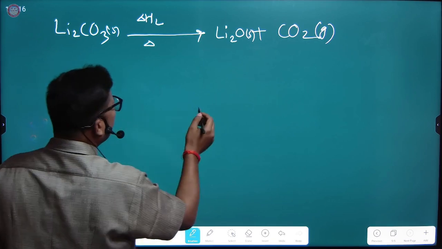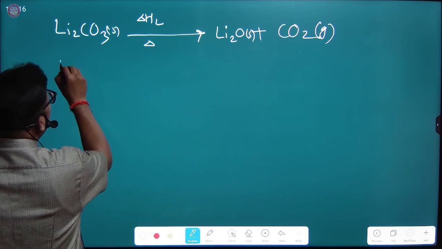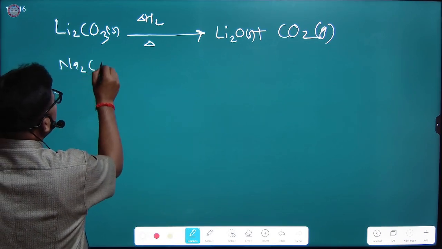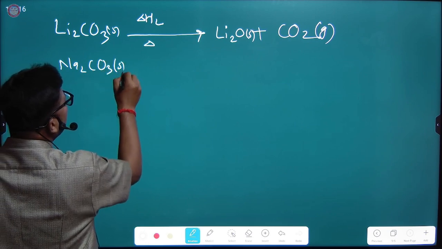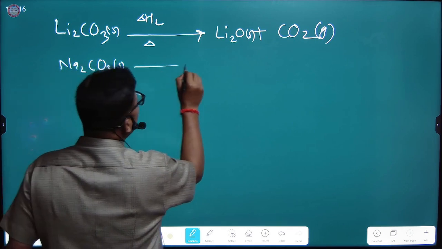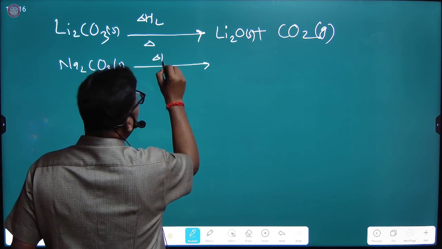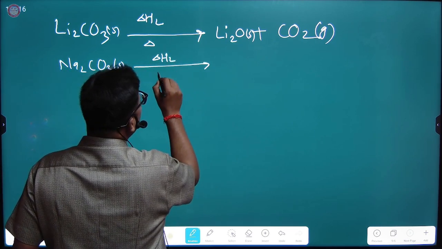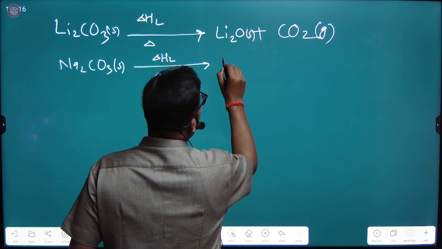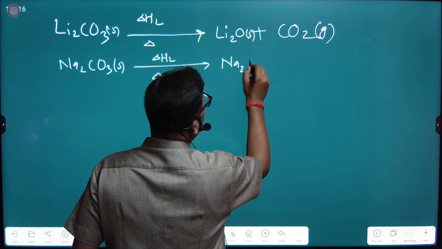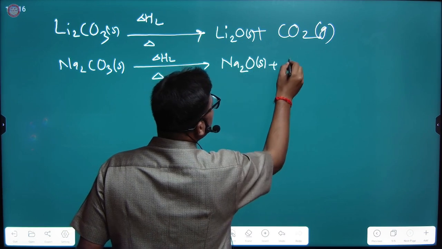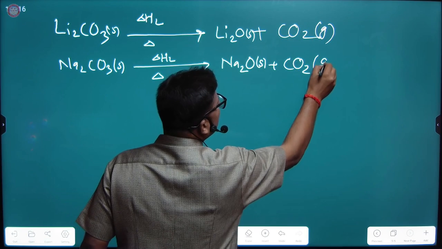Next, similarly, Na2CO3 solid gives Na2O solid plus CO2 gas.